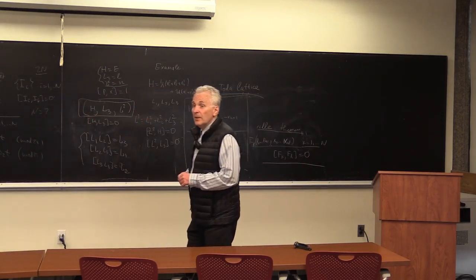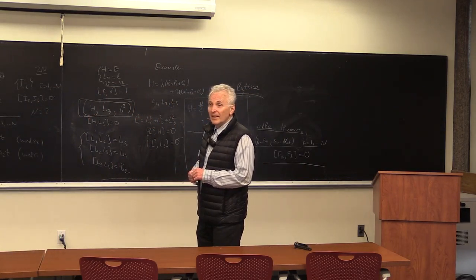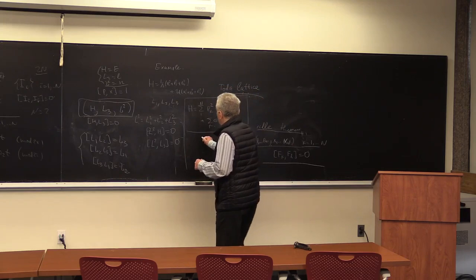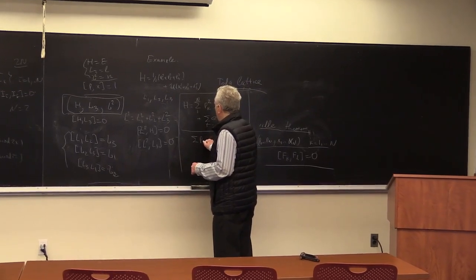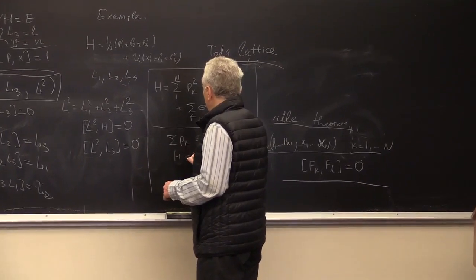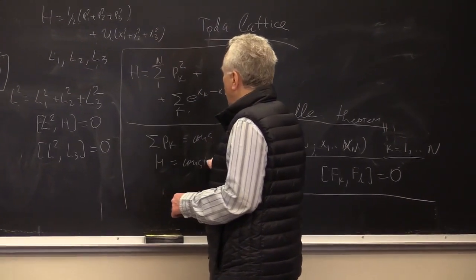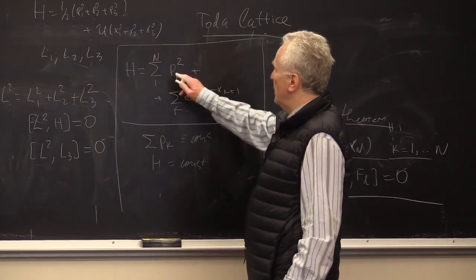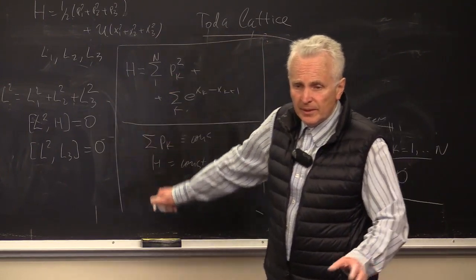Yes, which leads to conservation of what? Linear momentum. Yes, you can easily see that the sum of p_k is constant in time, and H is constant. So something which begins with p, and p squared, is constant.